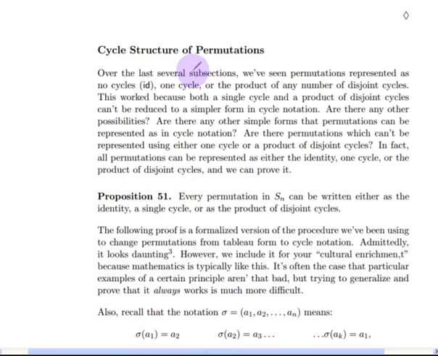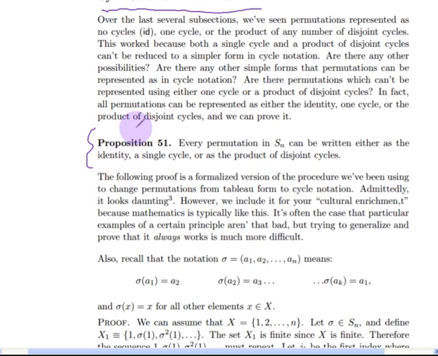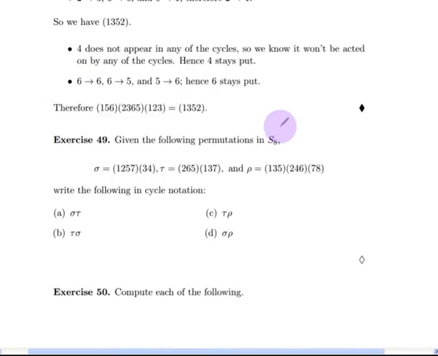All right, now let's consider permutations in terms of cycles. In fact, when we talk about permutations, all we need to consider is cycles. And this here is a representation theorem. It says we can represent any permutation as a product of disjoint cycles. Or more specifically, a permutation could be the identity, a single cycle, or a product of disjoint cycles. The proof of this theorem pretty much follows the procedure that we've done here with tableaus.